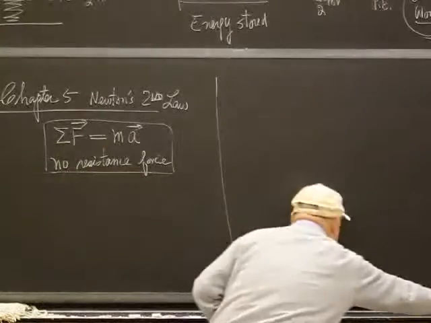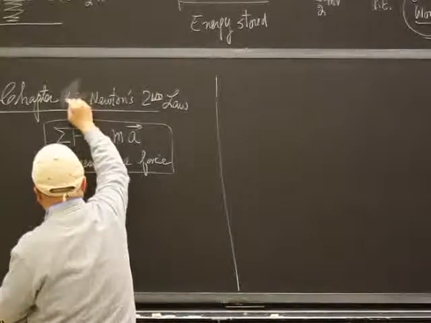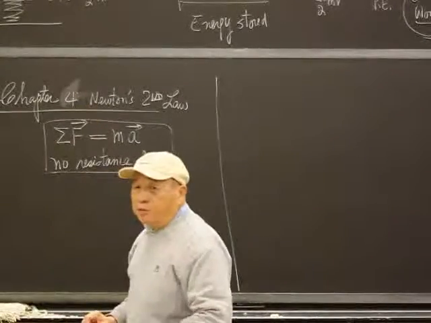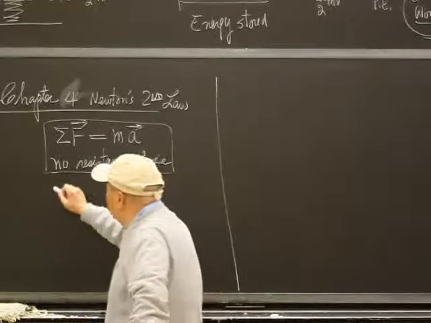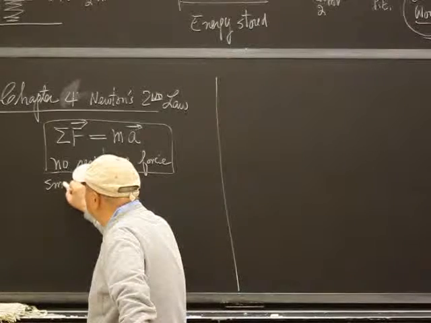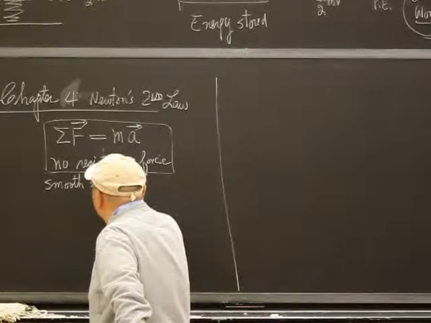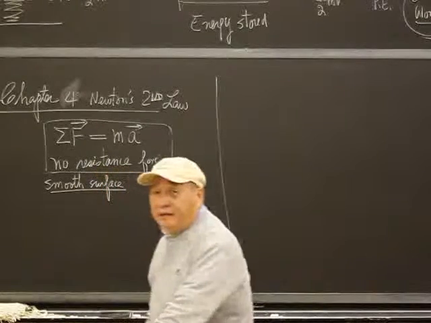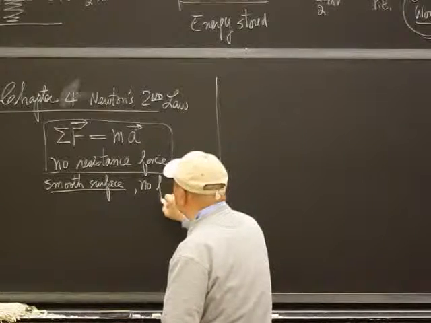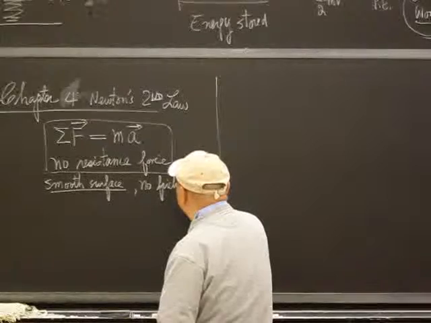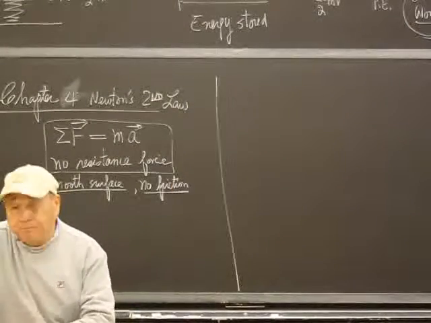So ladies and gentlemen, don't make a mistake. In chapter 4, all is assumed. Assume two things. Assume a smooth surface, and another thing, we always assume no friction, meaning no resistant force.